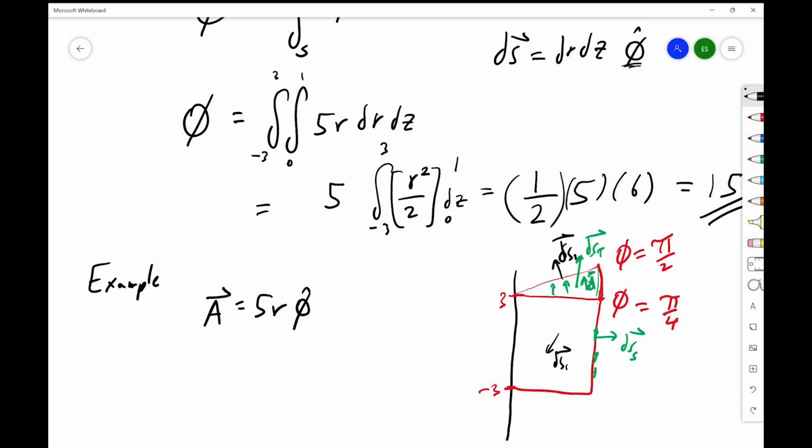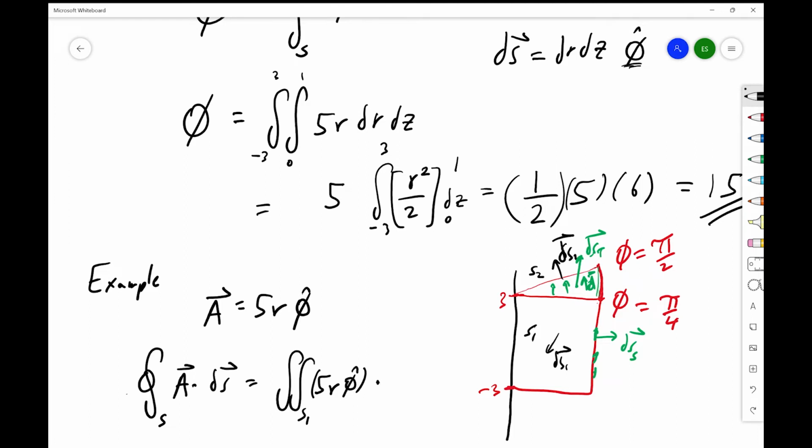So in this case, we can divide this closed surface integral. Sometimes I'll draw it one way, but I prefer to draw it this way. It's understood that this is a surface integral. So I'm subdividing the total closed integral, this circle represents closed, into two integrals now: the integral over S1, this is S1 and the back is S2, of 5r phi hat dot, the front dS1, which is in the opposite direction of phi hat.